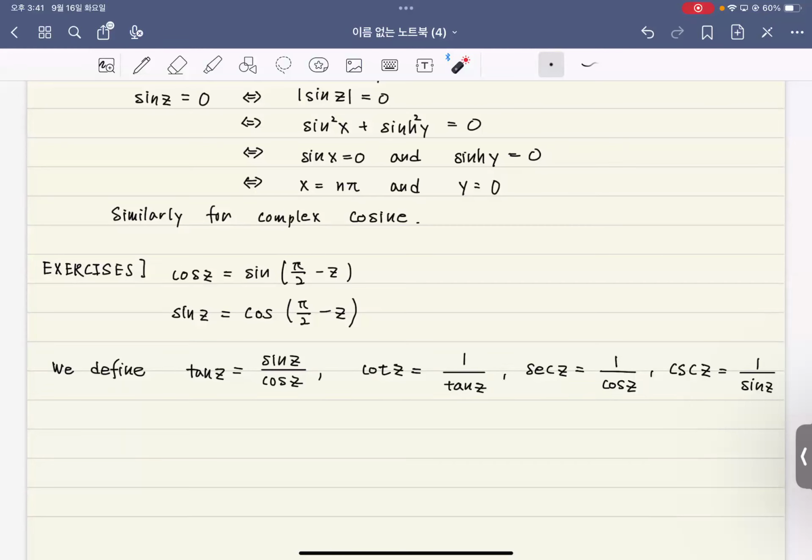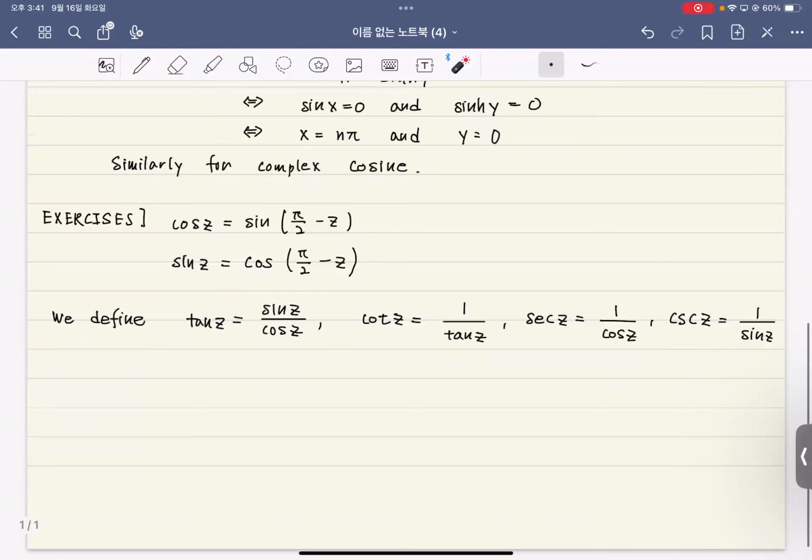For instance, the derivative of the complex tangent is complex secant squared, and the derivative of cotangent is minus complex cosecant squared. So exercise number 2 is to find the derivative of all these functions.